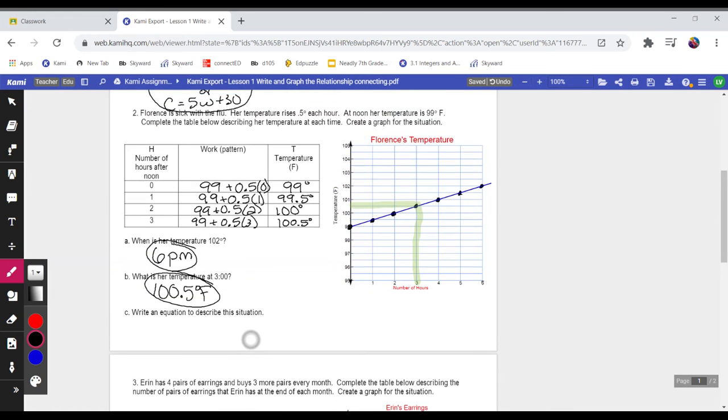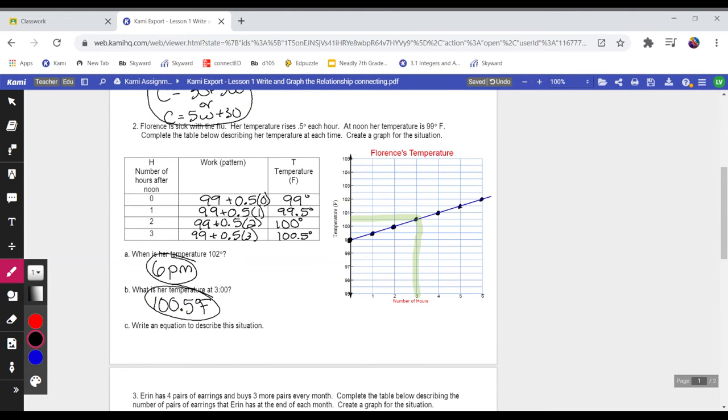Letter C, write an expression to describe this situation. Well, our temperature T is always going to be at least 99 degrees at this point. How much you're adding is dependent on the number of hours. So that's 0.5H. So T equals 99 plus 0.5H, or T equals 0.5H plus 99.